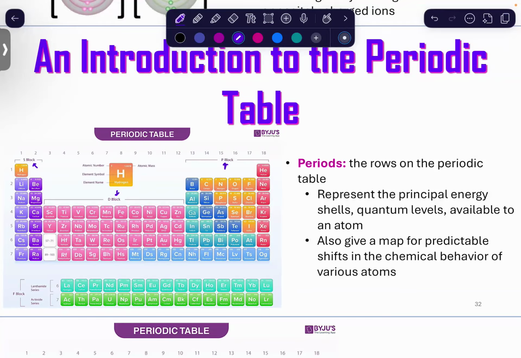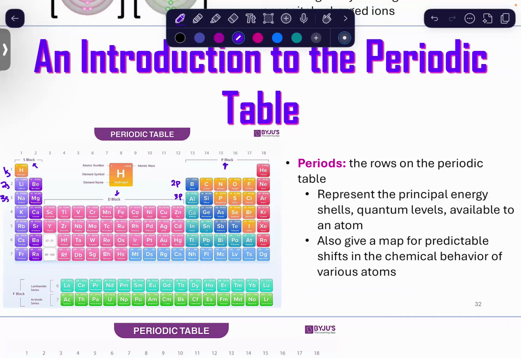Your very first row is 1s. Well, there's no 1p, we'll talk about that later. Your second row is 2s, 2p, which is a higher energy shell. Row 3 is 3s, 3p, and so on. We'll get into this extensively with electron configurations, but that's the first thing rows are telling you.